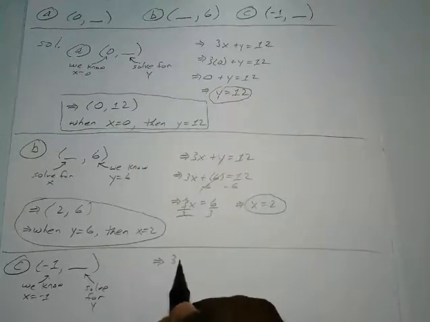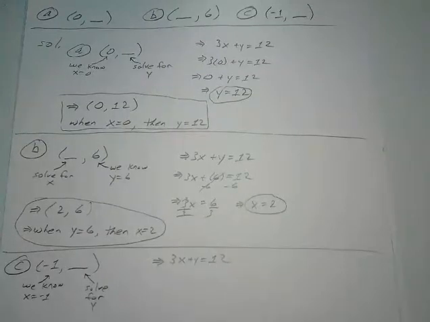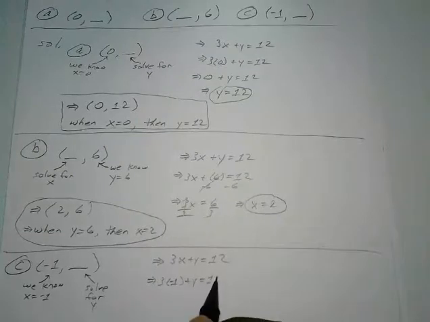Okay, so if we have 3x plus y equals 12, we know x is -1, that's 3 times -1 plus y equals 12.